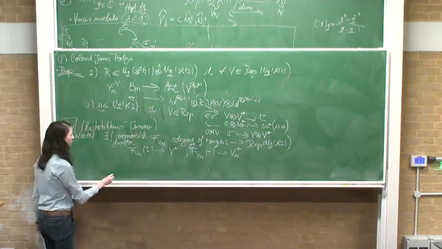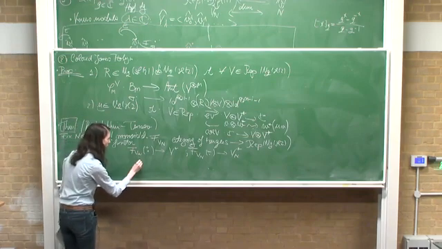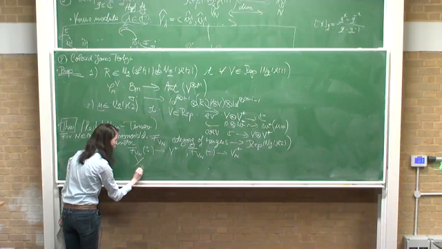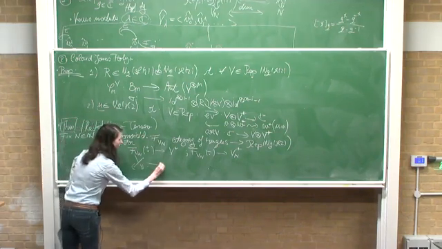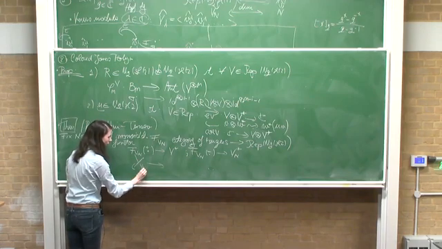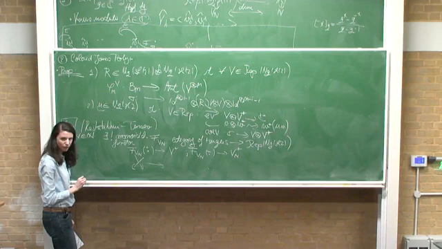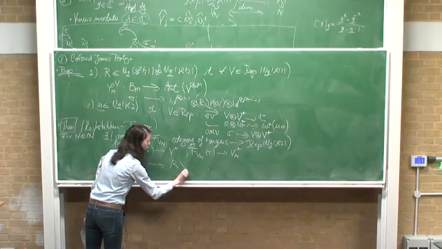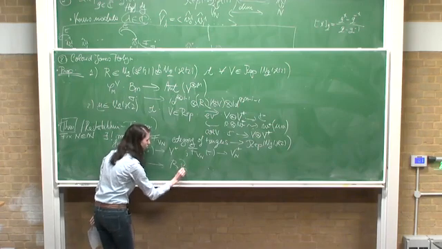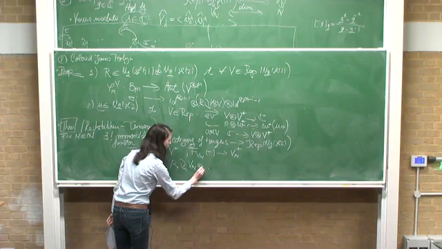And after that, we have the local relations. If we see a crossing, which is a morphism from V tensor V to V tensor V, it will be sent to the action of the R matrix.